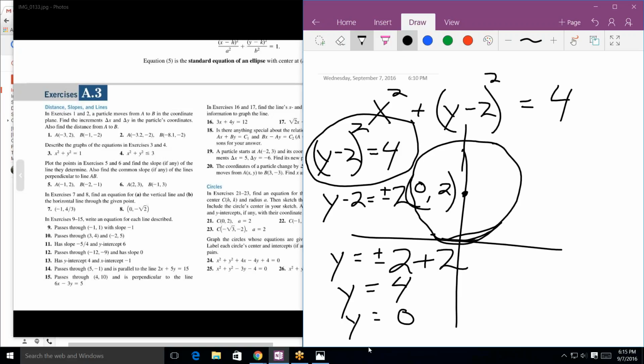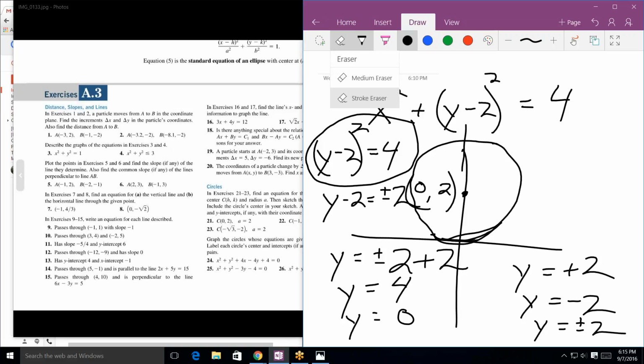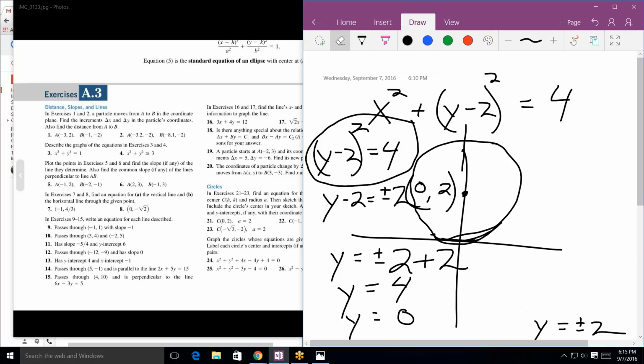Oh, okay, that makes sense. And that's what the plus or minus means, is that it's two different answers. I could write this as y equals plus 2 and y equals minus 2. That's the same as saying y equals plus or minus 2. Okay? So whenever you see the plus or minus, it means you have two solutions, one that has the plus, one that has the minus, and we can see that that makes sense because there's one y-intercept, there's the other one. And they appear to be exactly at 0 and 4.